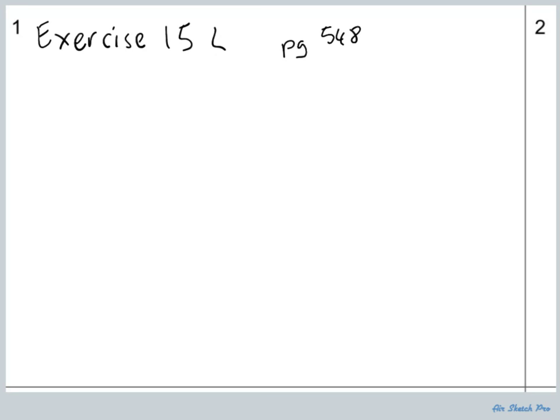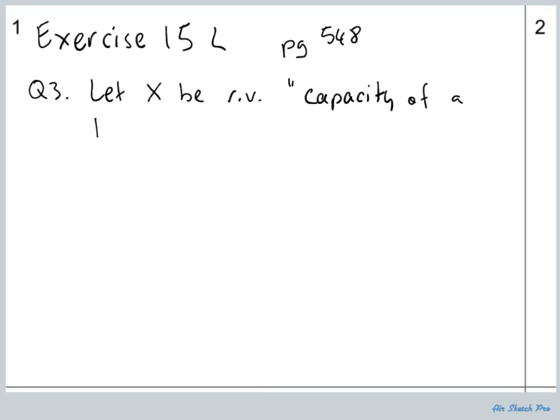Okay, so first of all, let's set it up. Let X be the random variable capacity of a bottle, in other words, the number of mils in the bottle.